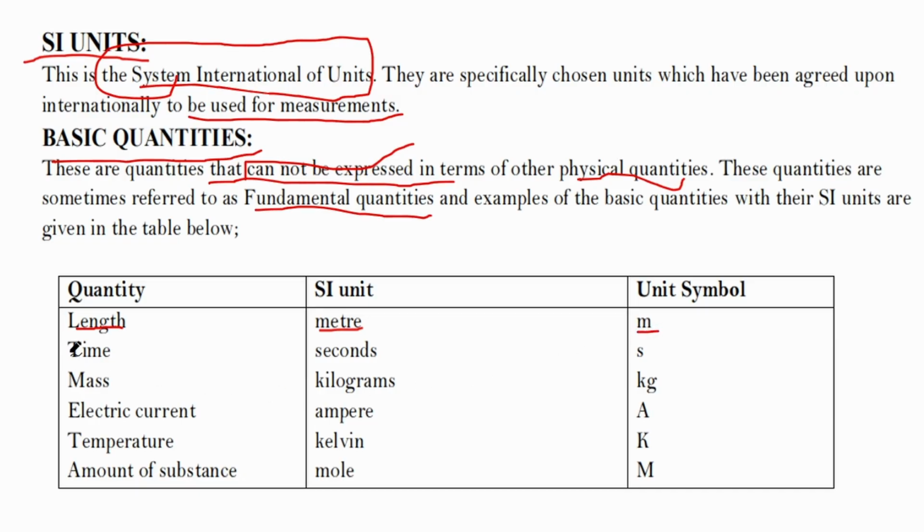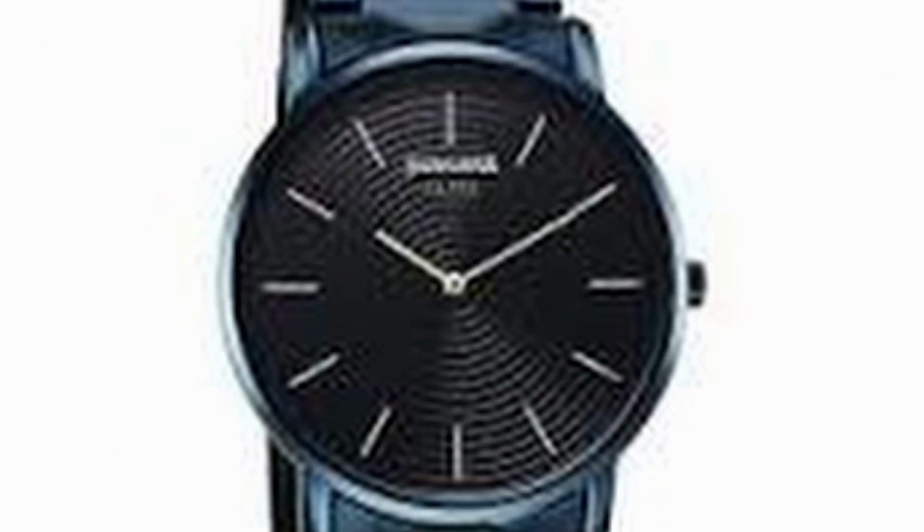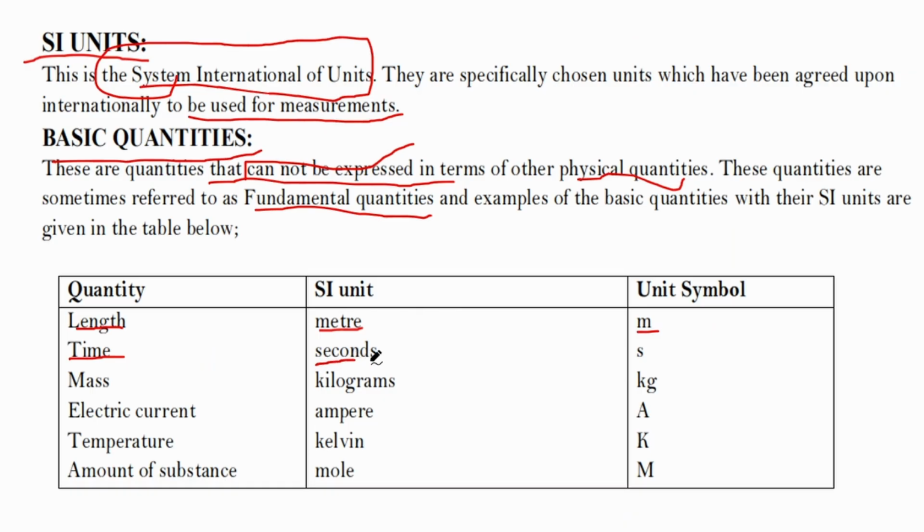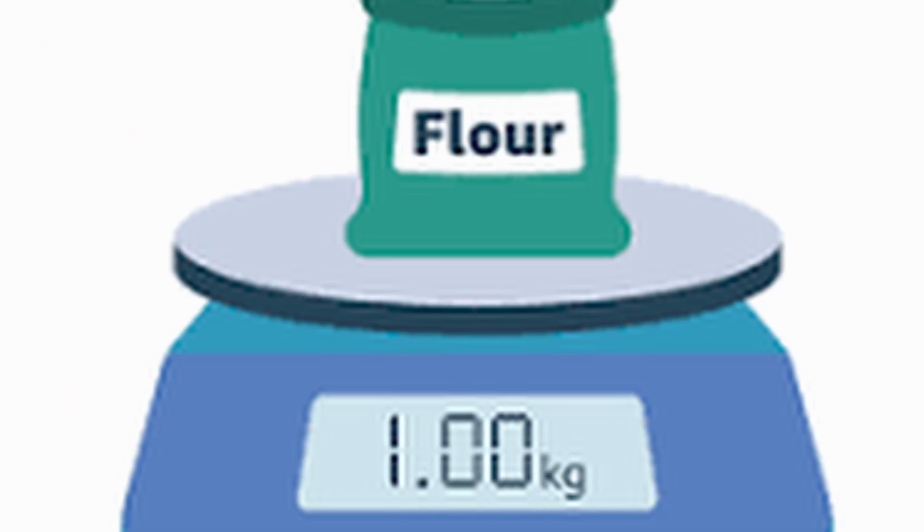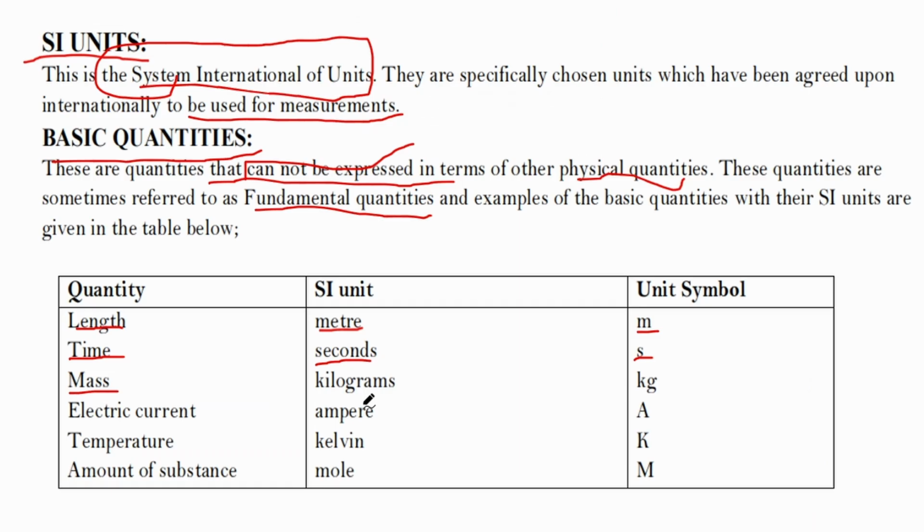We have another fundamental quantity called time. It is measured in an SI unit called seconds, and the unit symbol is small s. We have another fundamental quantity called the mass, which is measured in kilograms, and the unit symbol is kg.